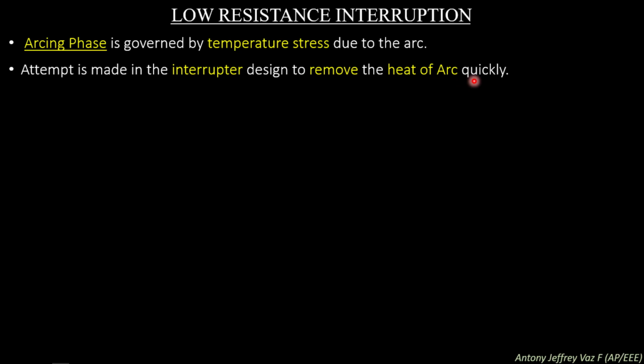So when an arc strikes, the temperature is very high where the arc passes through the medium. So the medium temperature is also high. So the ionized gases will be formed in the medium. So an attempt is made by the interrupter to remove this hot medium or ionized medium very quickly when current zero occurs, which is done by radial and axial flow of gases.